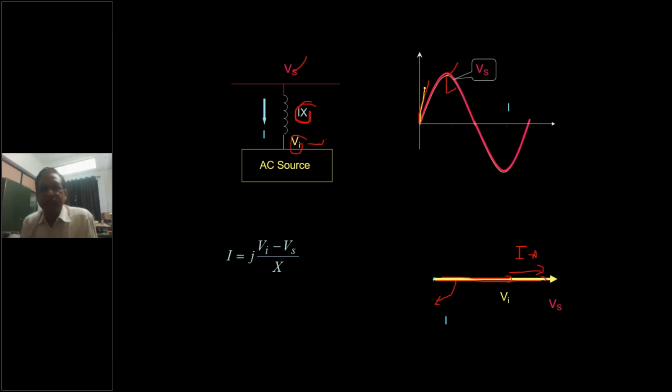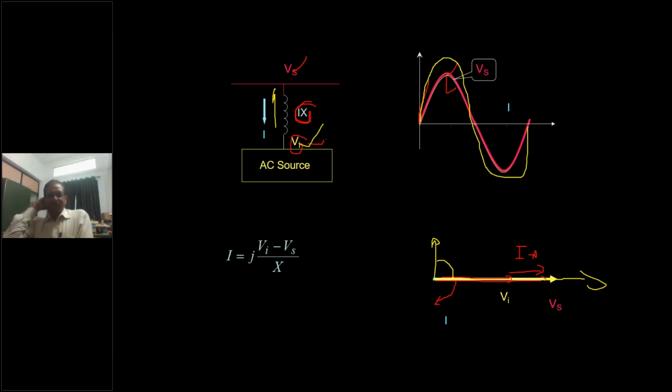Suppose this Vi is greater than Vs, then what will happen? This component will increase, so the direction of the current will reverse. Now see, this current is leading by 90 degree. So as you change this voltage, the current changes.